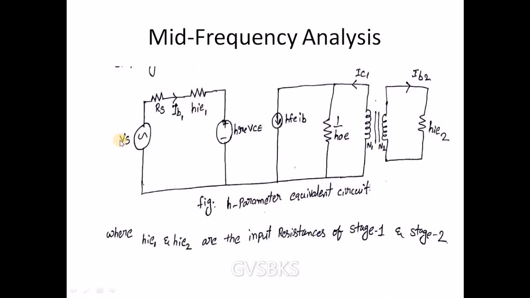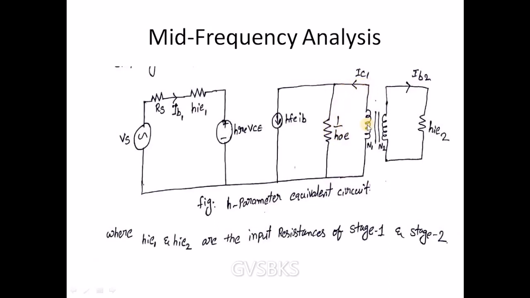So that's why all capacitors are excluded in the equivalent circuit, and Vs is the source signal and Rs is the source resistance. According to the h-parameter equivalent circuit, hie is the input resistance, hre Vce is a voltage source, hfe IB is a current source, and 1 by hoe is the output resistance.